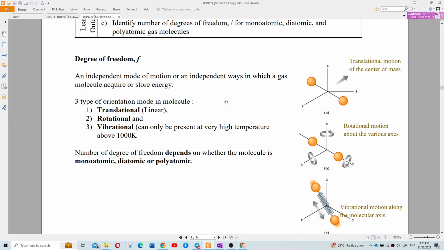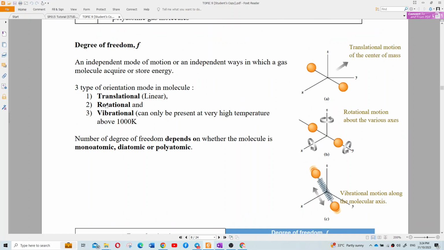Okay, so I already talked about degrees of freedom. That means degrees of freedom are the ways a gas molecule can store kinetic energy. We talked about translational motion and rotational motion. The gas particle can move left, right, up and down, which is translational motion, and a gas molecule can also rotate.